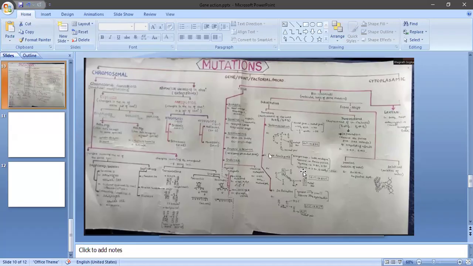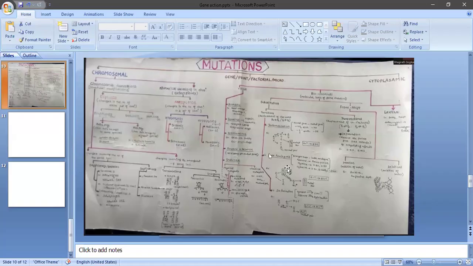When the actual nitrogen base is replaced with base analogs, they combine with a different nitrogen base. In this way, substitution mutations take place in the DNA molecule.